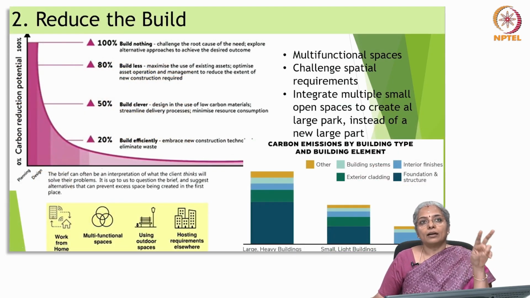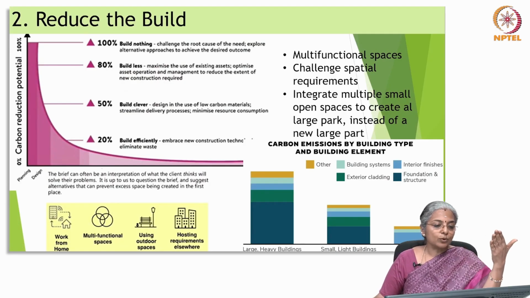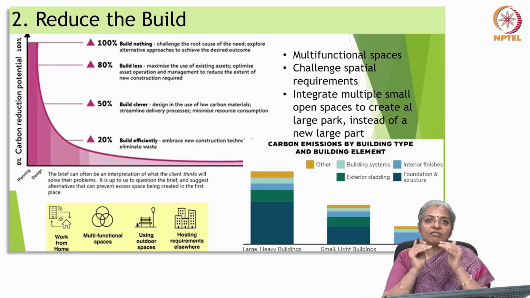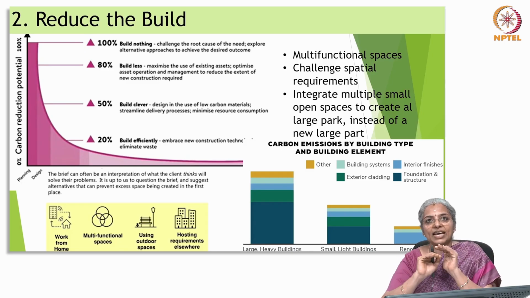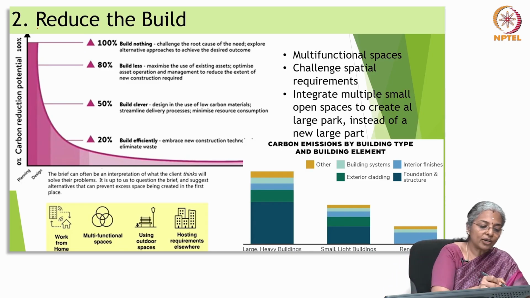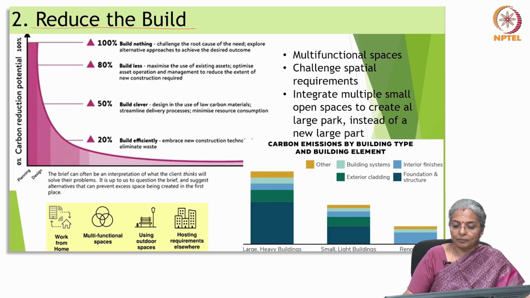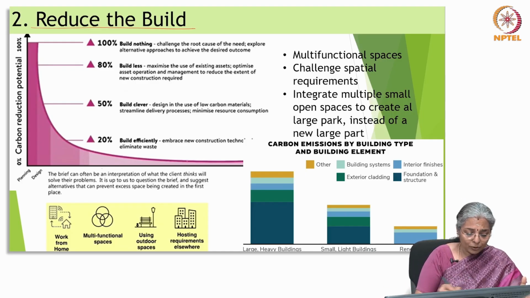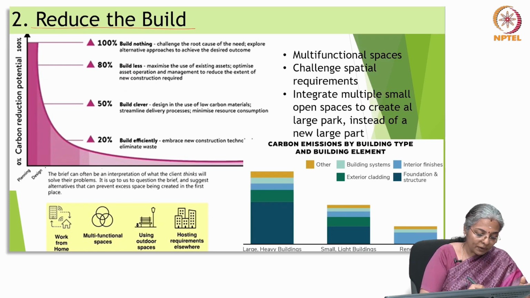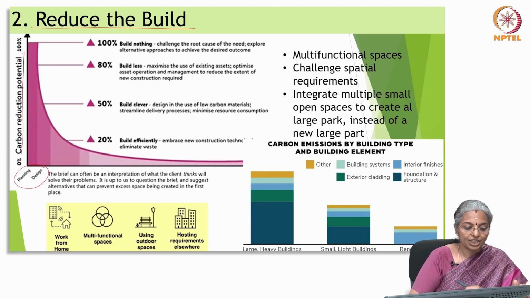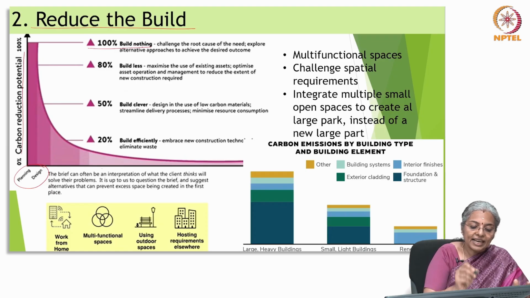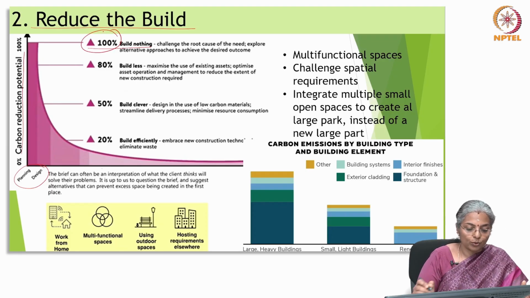Now, the second strategy which we can use is, if you have decided to tamper with the existing building, try to reduce the amount of new built environment. So, if you see this graph, by proper planning and design, what can be done? This is carbon dioxide reduction potential. If you don't build anything, then you can reduce 100% CO2.